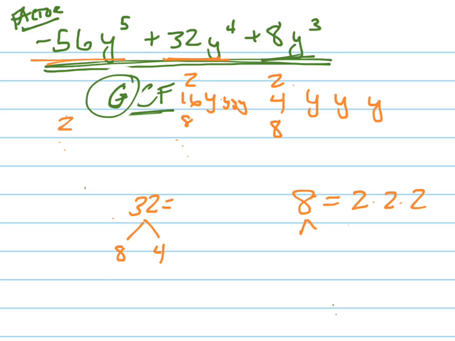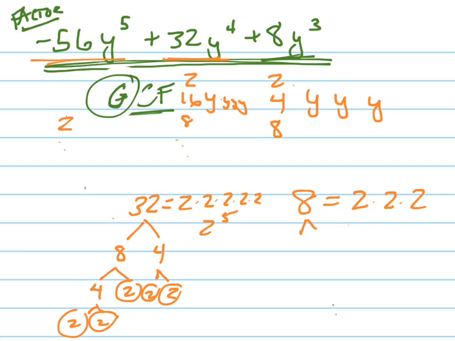It doesn't matter where you start. If you break it all the way down, you're going to get to its prime factorization, which is 2 times 2 times 2 times 2 times 2, or 2 to the 5th. This is 2 to the 3rd.